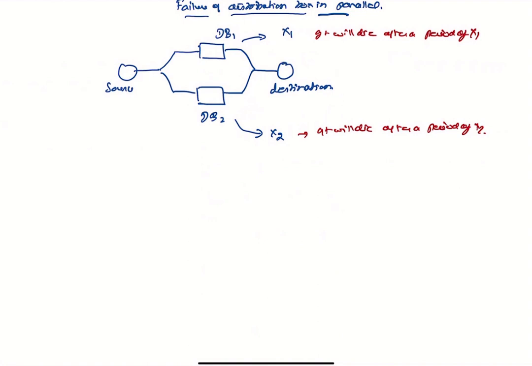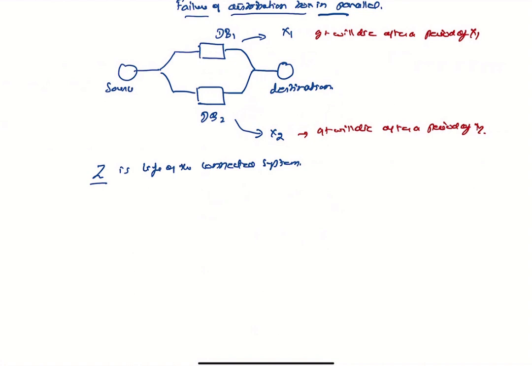So let's say Z is the life of the connected system, and we want to know what the CDF is. With the CDF you can calculate, at a particular time point, the probability of that being working.